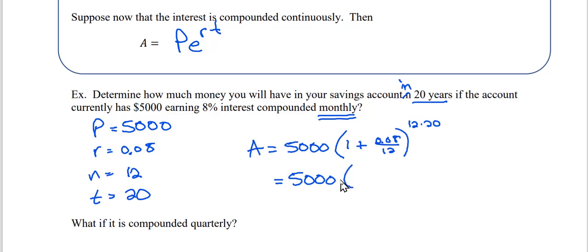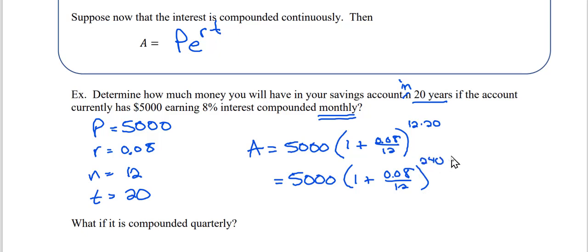5,000 times, this is actually going to give me a decimal, so I don't like to round until the very end. I'm going to follow order of operations when I put this in my calculator. 0.08 divided by 12, I hit enter, plus 1. Then I'm going to raise that to the, and you might want to write this down, I don't want to actually divide that because I would have to round.